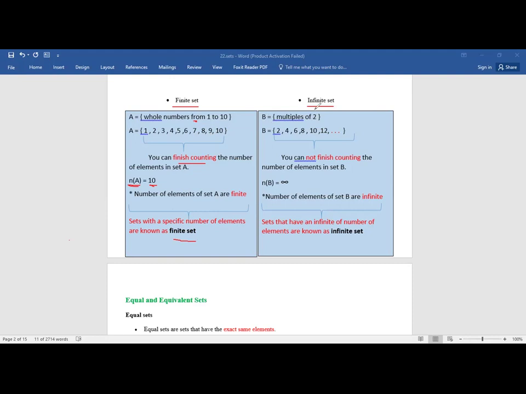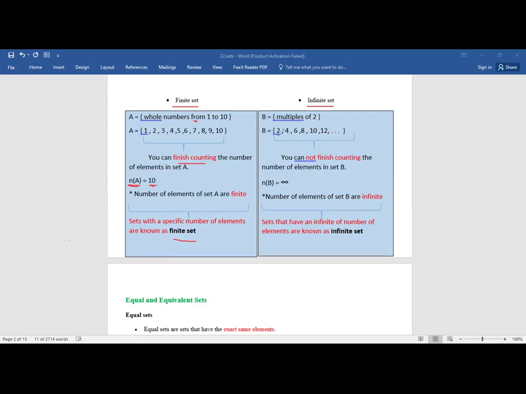Now let's go to the infinite set. To this side, B equals multiples of 2. There is no limitation. You can write whatever you want. There are an infinite number of multiples of 2.